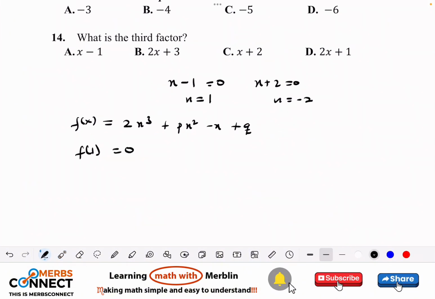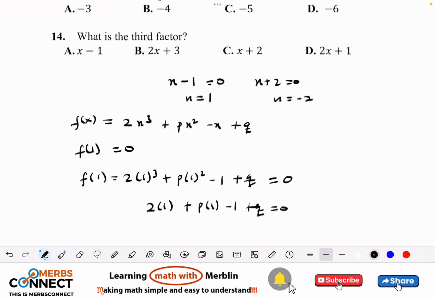So what is f of 1? Let me plug it inside there. I'm going to have 2 times 1 to the power 3 plus p times 1 squared minus 1 plus q, and this should give us 0. So this is 2 times 1 plus p times 1 minus 1 plus q is equal to 0.